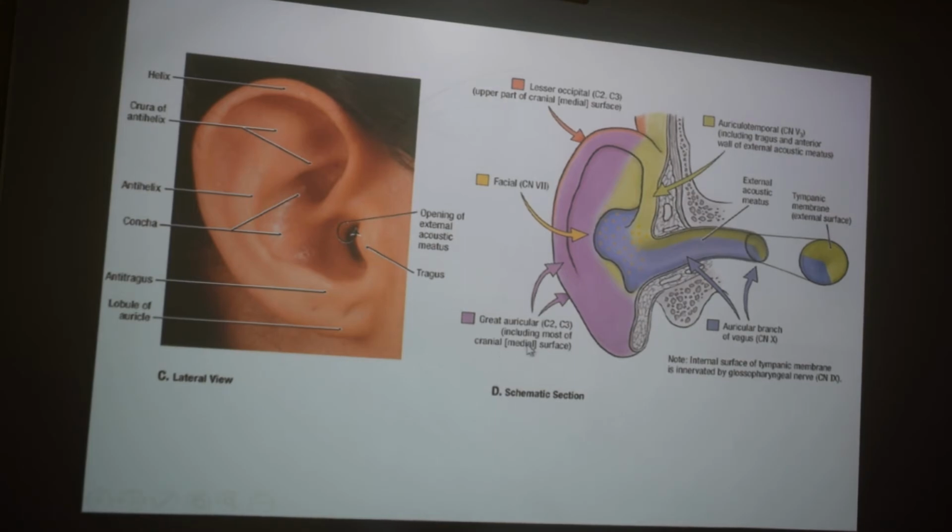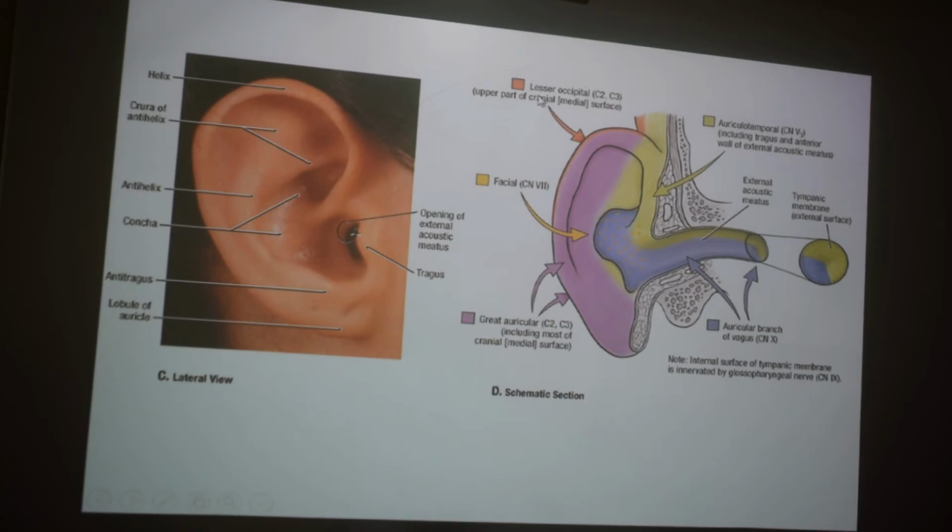So the greater auricular nerve supplies most of the cranial and medial surface of the auricle, except the upper part, which is supplied by the lesser occipital nerve.